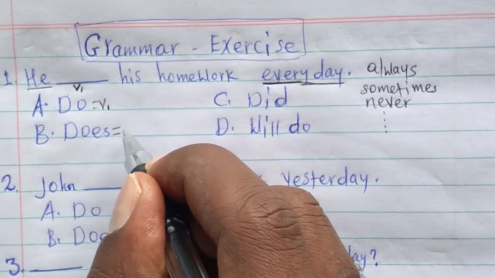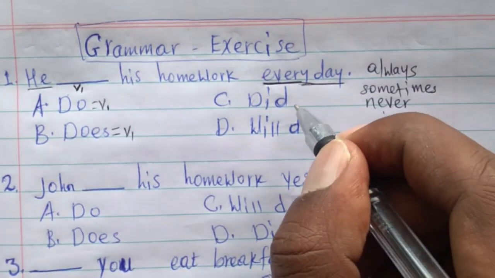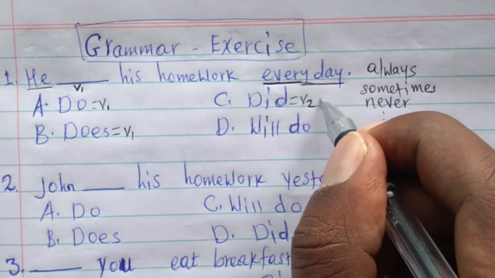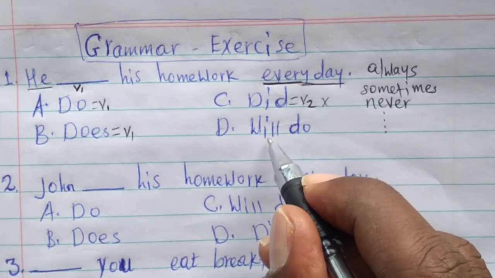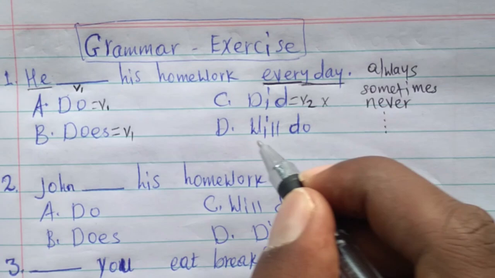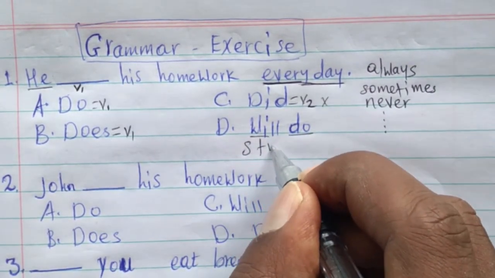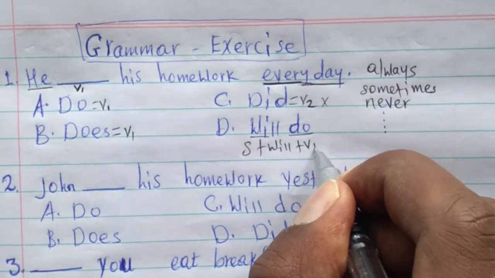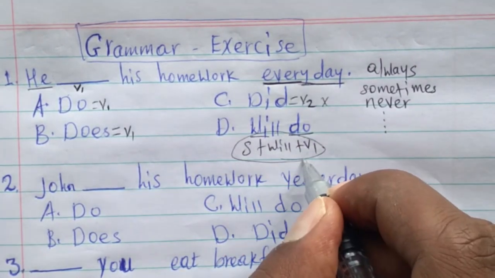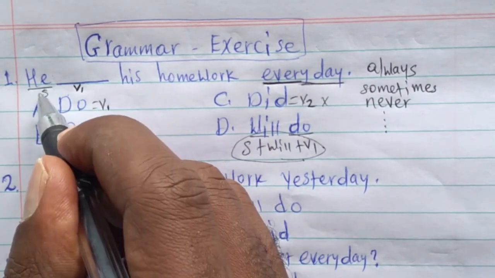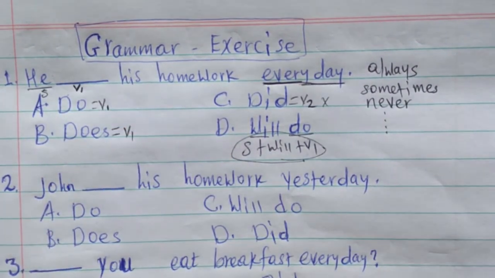Does is also verb 1, but did is verb 2, so this can't be the answer. And will do is the structure used in simple future tense, subject plus will plus verb 1. Did is the structure for simple past tense, but for present tense we have subject plus verb 1.